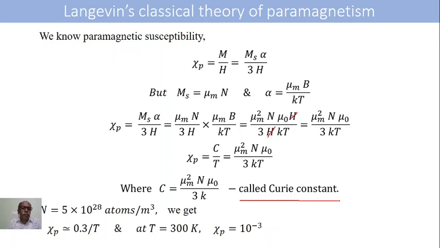Here n represents the number of atoms, and if n is equal to 5 into 10 power 28 atoms per cubic meter, k is the Boltzmann constant, and μ0 is the permeability of free space, substituting all these values, we get χp equals 0.3 by T. At absolute temperature 300 Kelvin, χp will be equal to 10 power minus 3.